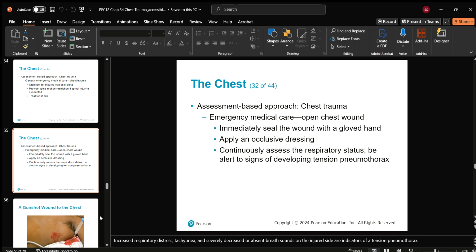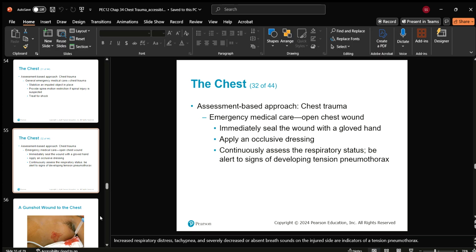Probably not a great idea because now my hand is unusable. But if I place the back of my gloved hand on that hole, then I can still use it to open up packages like the package for the occlusive dressing. This way, I'm screwed. I can't do anything. Palm up, then I can actually tear it.